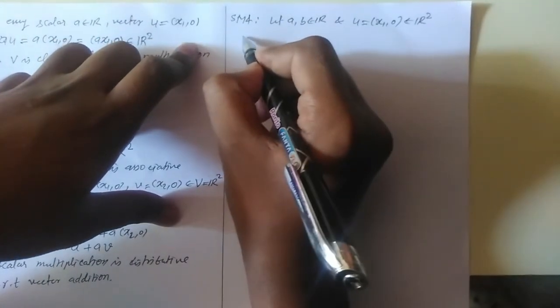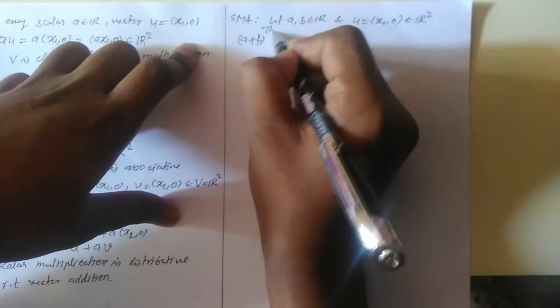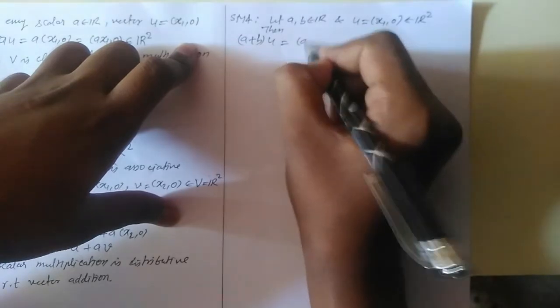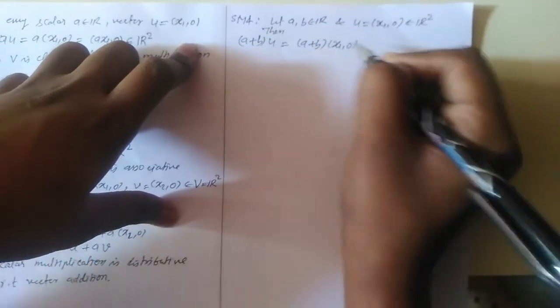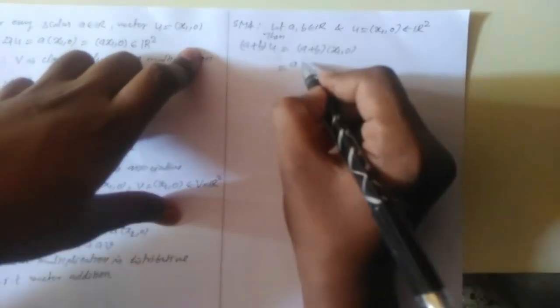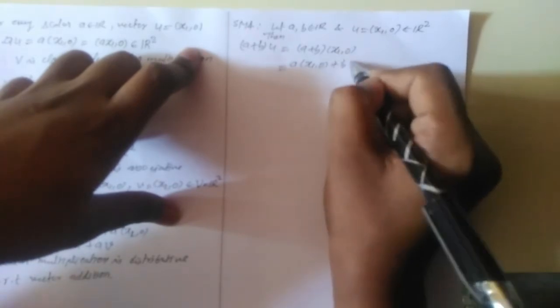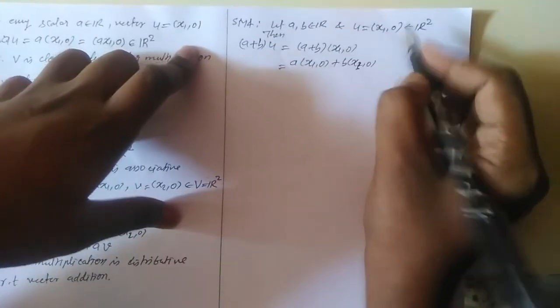Then (a + b)u = (a + b)(x1, 0), so multiplying this, a(x1, 0) + b(x1, 0).